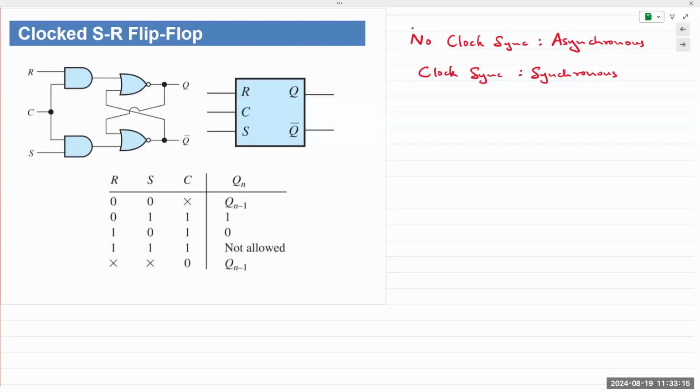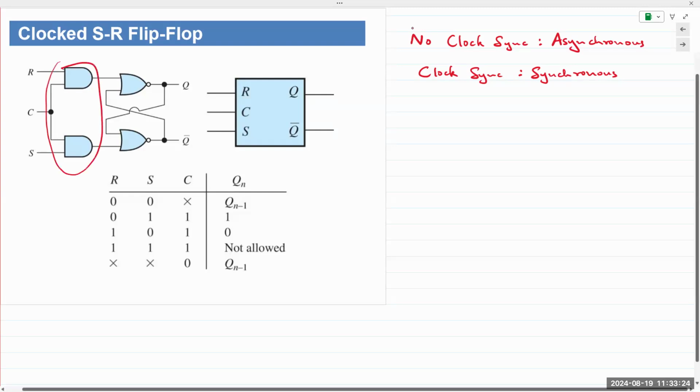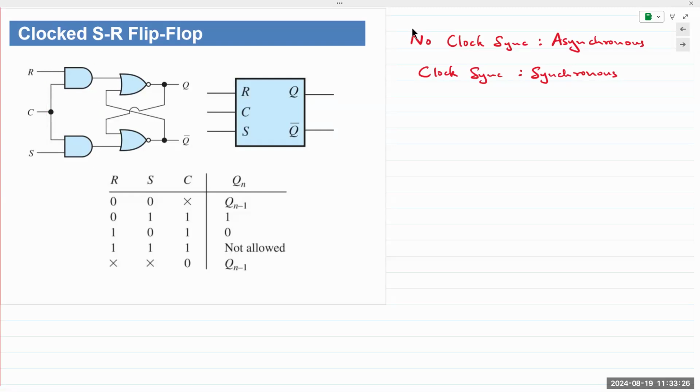So if you have an SR flip-flop and you wish to synchronize with a clock signal, then we add a couple of AND gates to those two inputs, and we connect one input each of the AND gate and call it the clock. So there is a third input to the flip-flop called RSC.